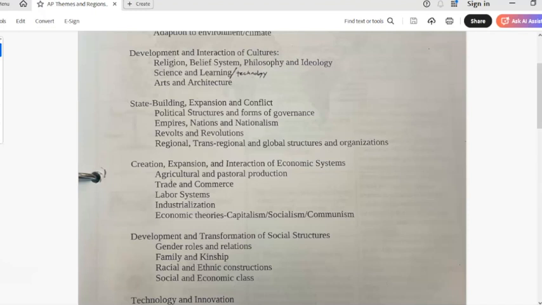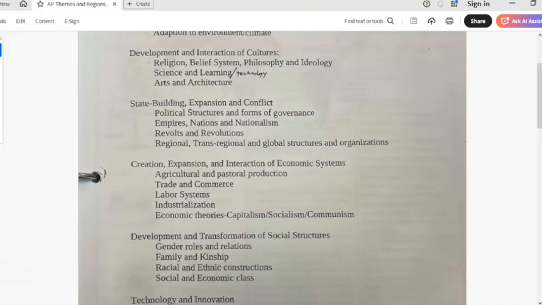Imperialism is how an empire is formed. The literal definition is a policy of extending a nation's authority by territorial acquisition or by economic and political control over other areas. So basically, imperialism is when a country expands its influence, and that's done economically, politically, or through military force.